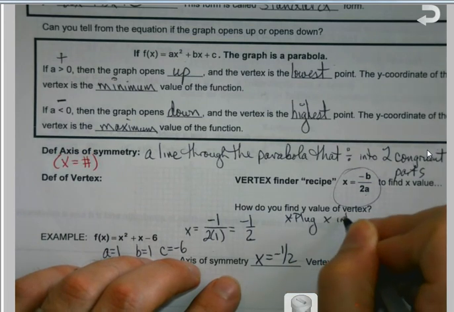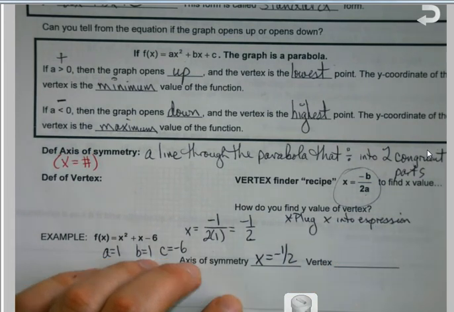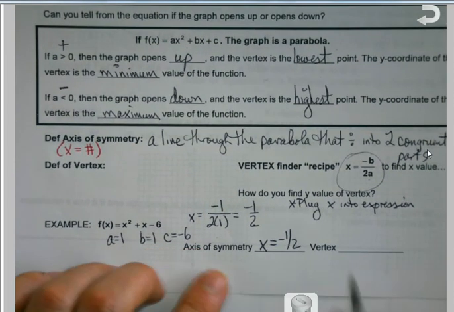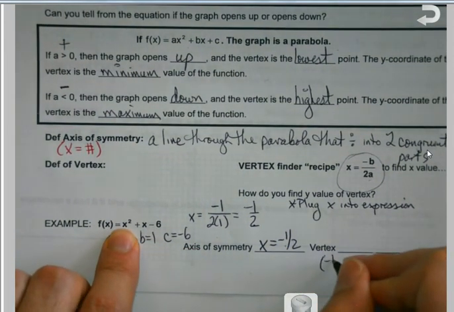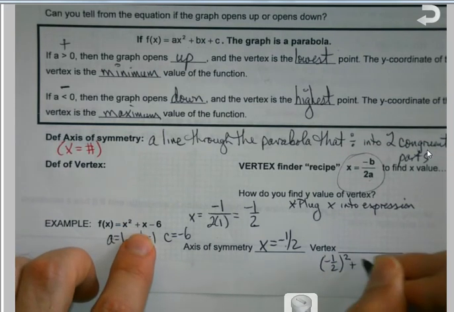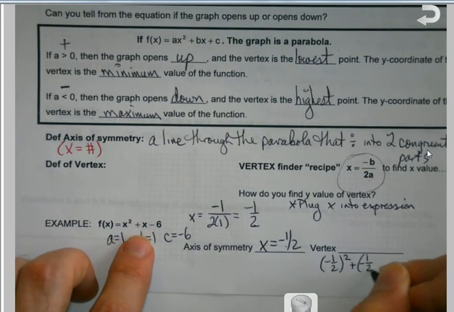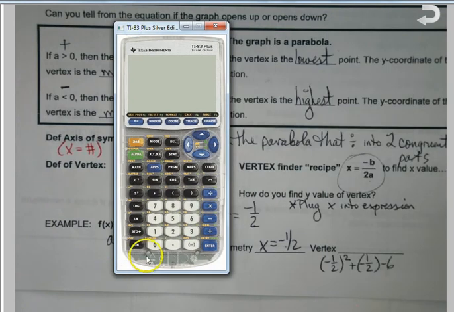We're going to plug x into the expression and we're going to be done. This is the part that gets a little ugly. So you're like, so I got to plug -1/2 in there? Yeah. So -1/2 squared plus -1/2 minus 6. And again, do it mentally, do it with the calculator, I don't care.